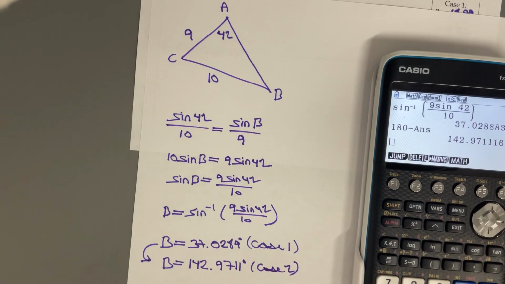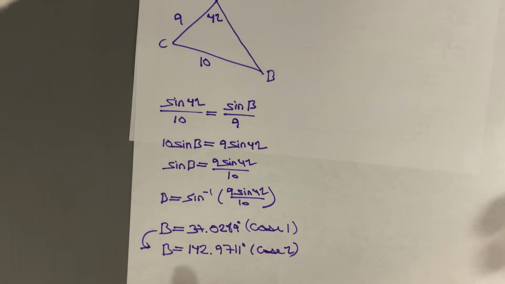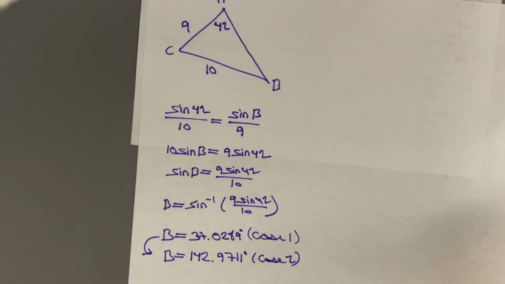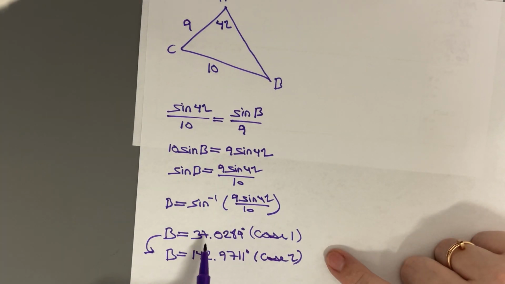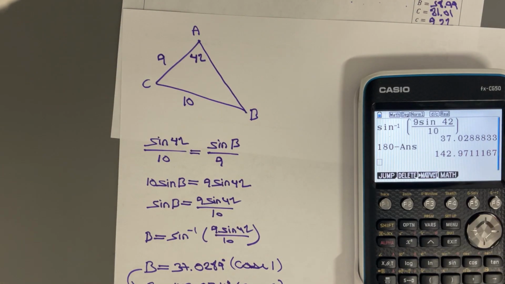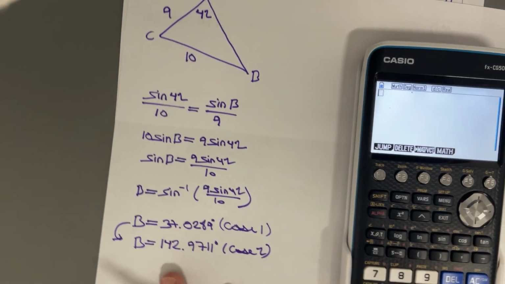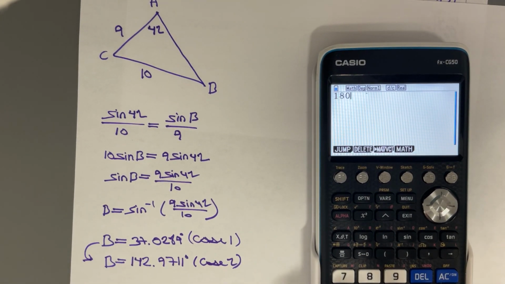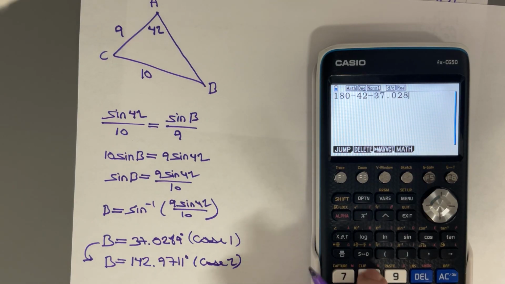All right. Now, before I move on, we're going to go ahead and check the validity of both of these cases before we actually solve for both. So notice how over here, we're going to have 37 degrees for case 1 and then the 142 for case 2. So I'm going to do 180 degrees minus 42, then minus the 37.0289.